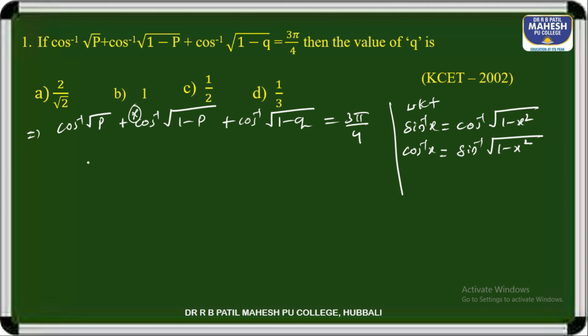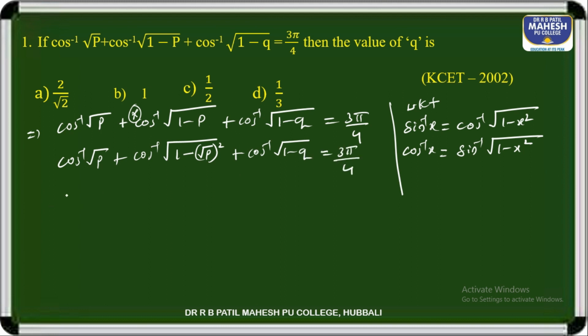But here in the square root, 1 minus p is there. A small change in that second value, cos inverse of root of 1 minus p, I will put p in the form of a square by writing root p the whole square, so that I can treat it as cos inverse of root of 1 minus x square, plus this one as it is, cos inverse root of 1 minus q is equal to 3 pi by 4.